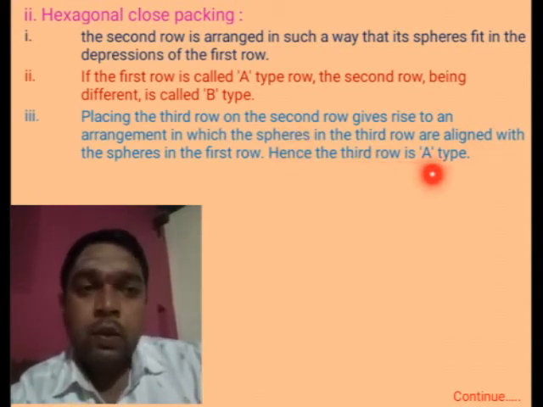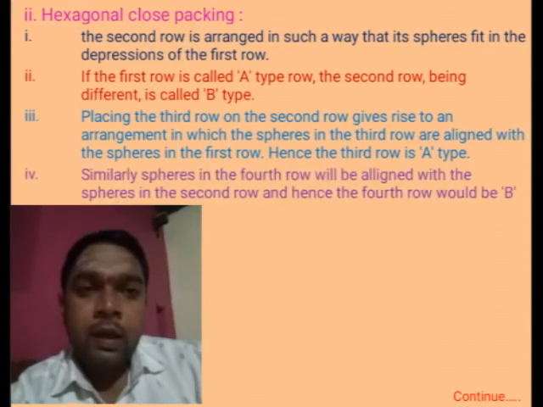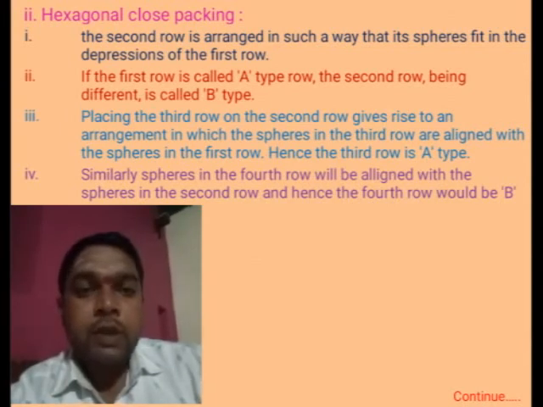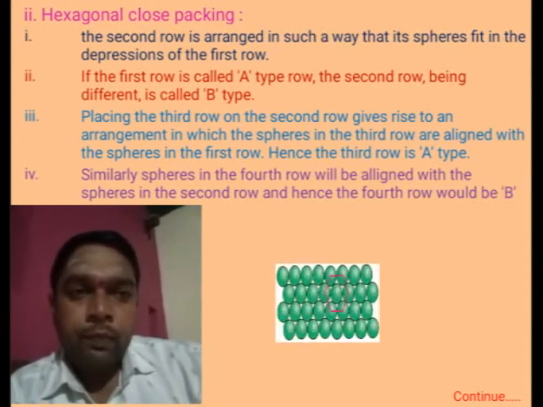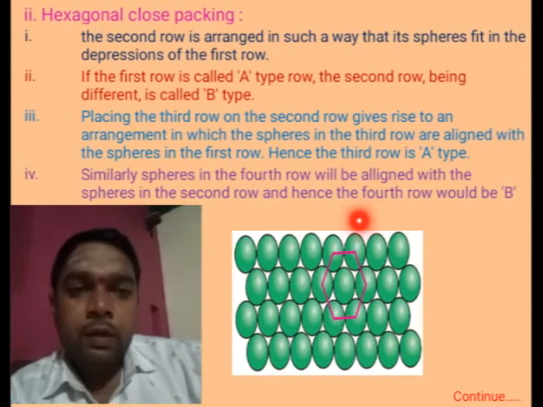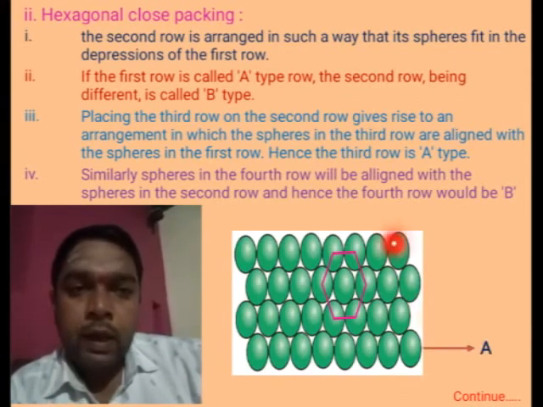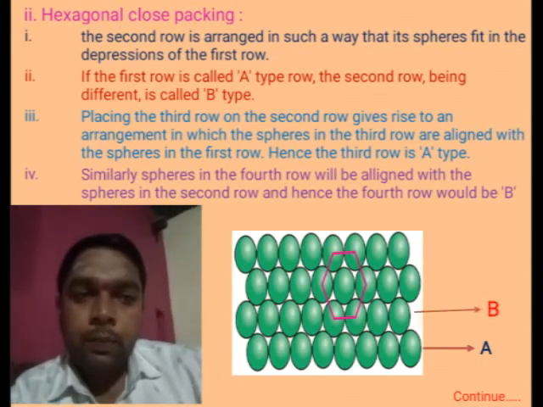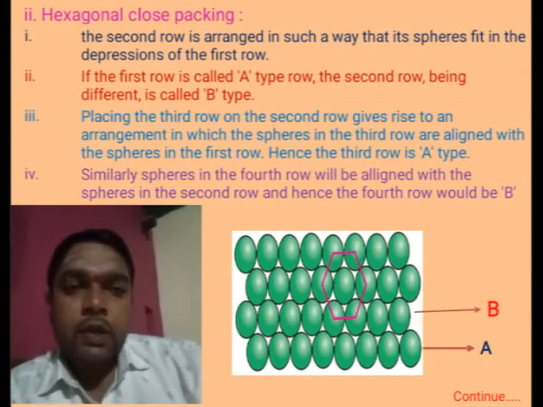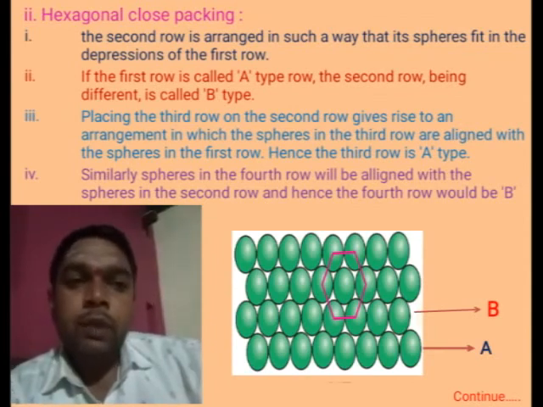Hence, the third row is A type. Similarly, the fourth row will be aligned with the second row, and hence the fourth row is B type. From this figure, the first and third rows are A type, the second and fourth rows are B type. Hence, this arrangement is called an AB type arrangement.